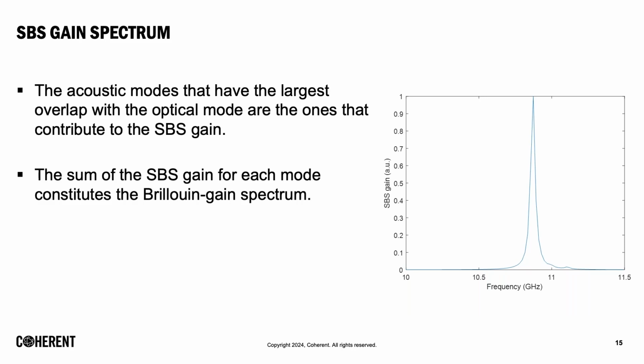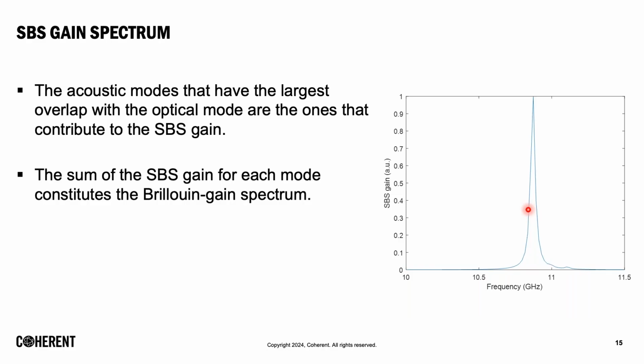So as I mentioned earlier, with the LiveLink for MATLAB, we sweep. We get the values, then we sum them, and that's how we get this SBS gain spectrum. This is the corresponding SBS gain spectrum for the step index profile that I showed you at the beginning. But this spectrum will change if we have a different refractive index profile.